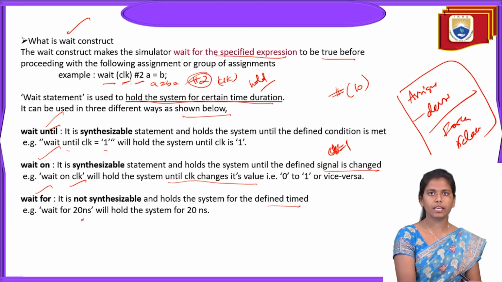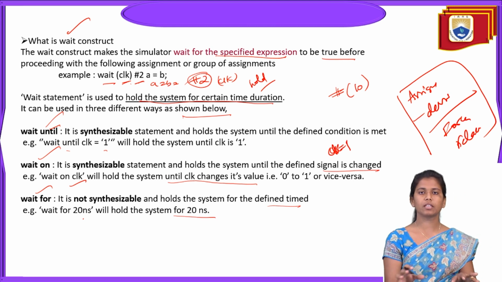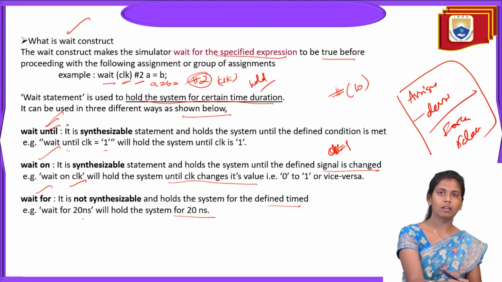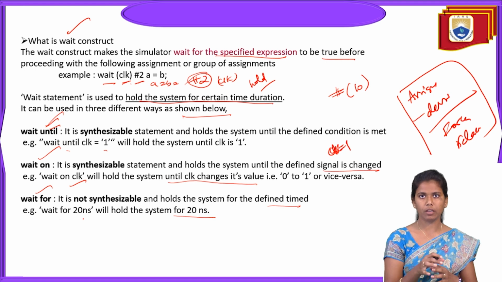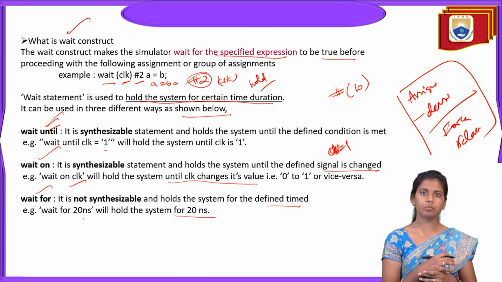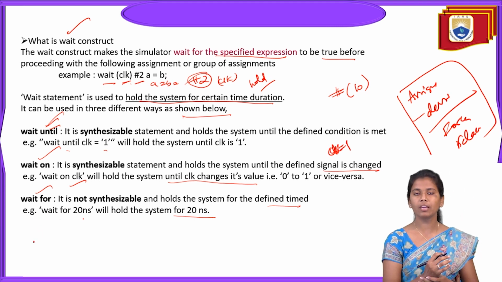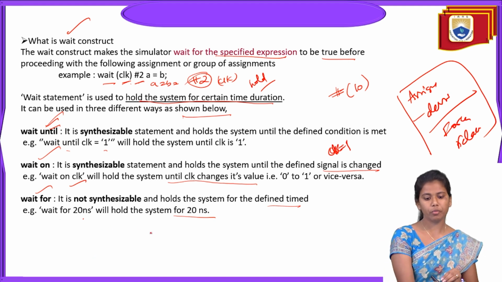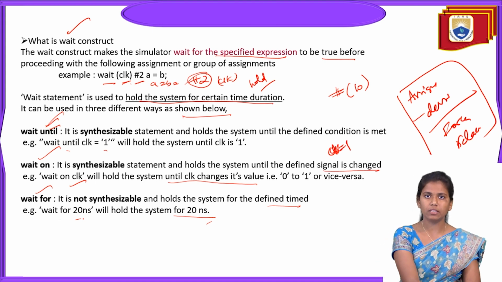Example: wait for 20 nanoseconds means it will hold the system for 20 nanoseconds, and we cannot do anything in that time. But with wait until, we can manipulate things easily in between, while the process is going on. In the wait for construct, no changes or alterations can be made, so the system has to hold for 20 nanoseconds if 20 is mentioned, or 10 nanoseconds if 10. So this is about the wait construct.